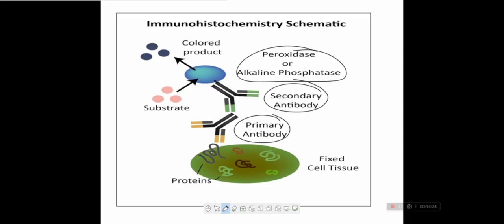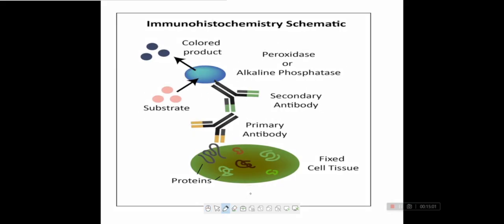When this protein reacts with the primary antibody, the secondary antibody, which is labeled with a molecule that produces color, reacts with the primary antibody. When they react, and we give an enzyme like peroxidase or alkaline phosphatase, it reacts with the substrate and produces a product, and color intensity will be generated. According to that color intensity, we determine the intensity or presence of the antigen.